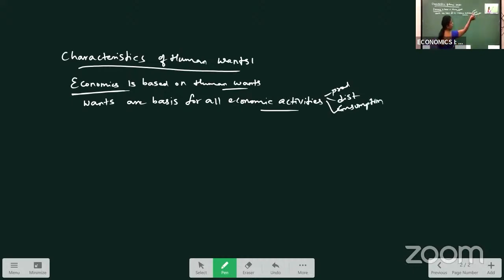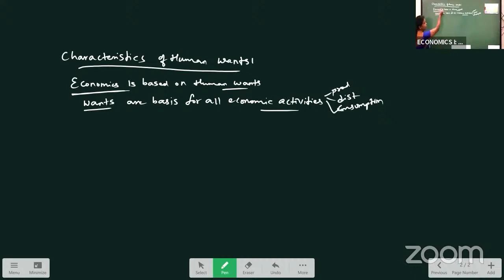To do all these things, our wants are the basis. If you want to have some food, production should be done. That should be distributed from the point of production to the point of consumption. Once it is distributed, then only you can consume that. So this way wants are the basis for all economic activities.